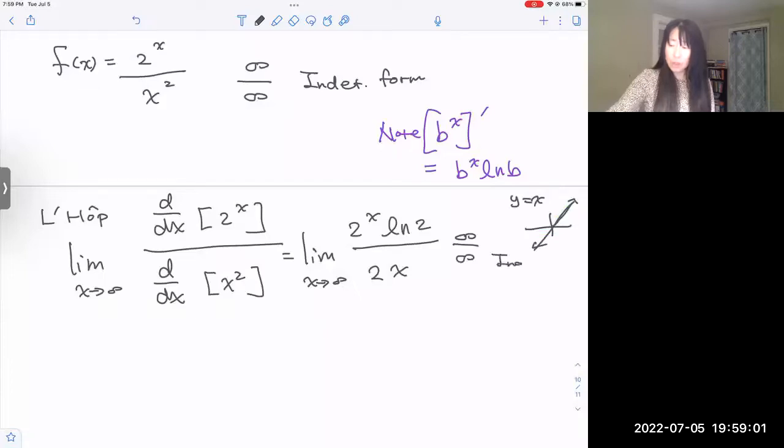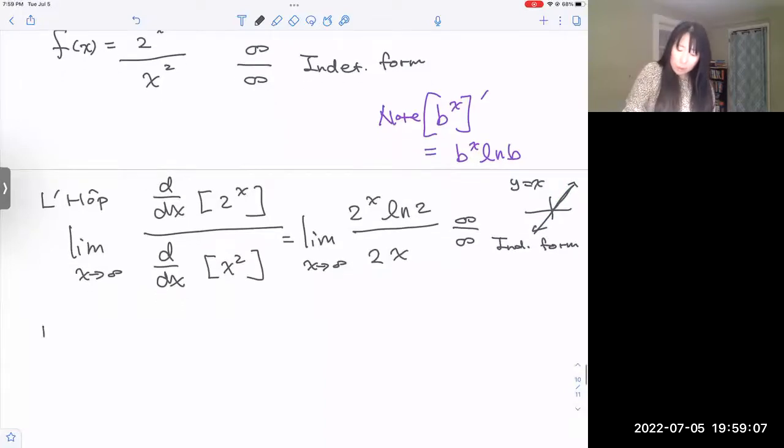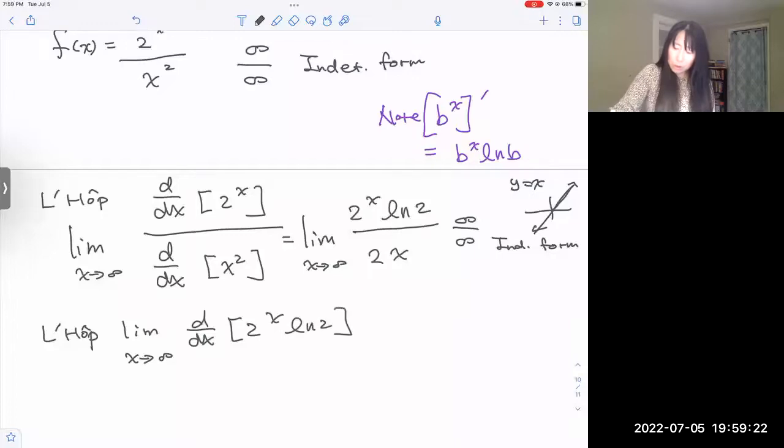So indeterminate form again. Then we can do L'Hopital again, right? So we have a limit when x approaches positive infinity. Okay, now we take the derivative: 2 to the x power ln2 all over 2x.